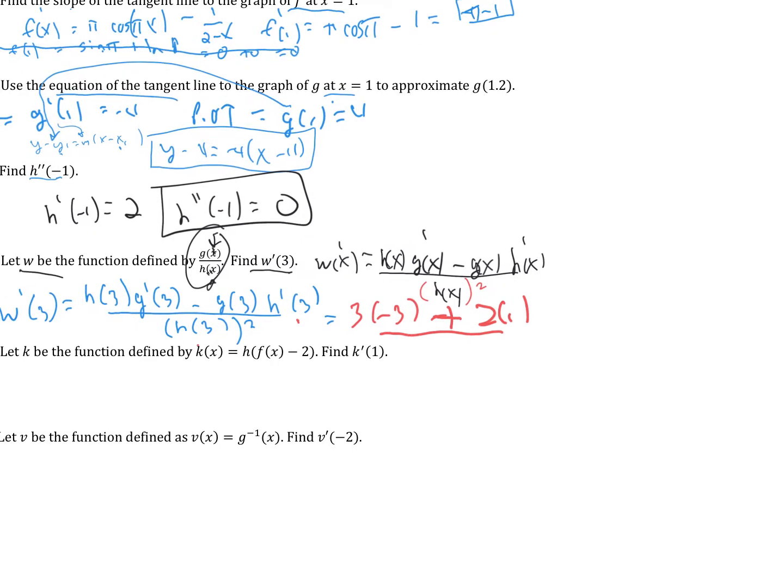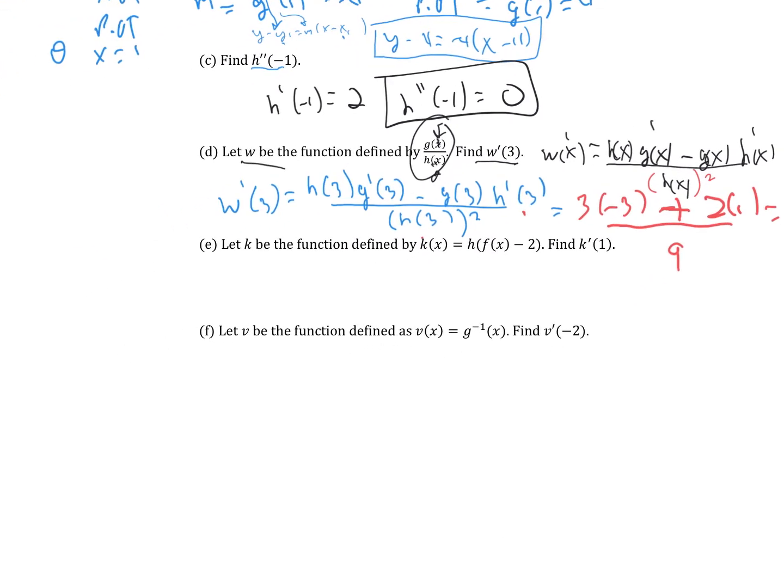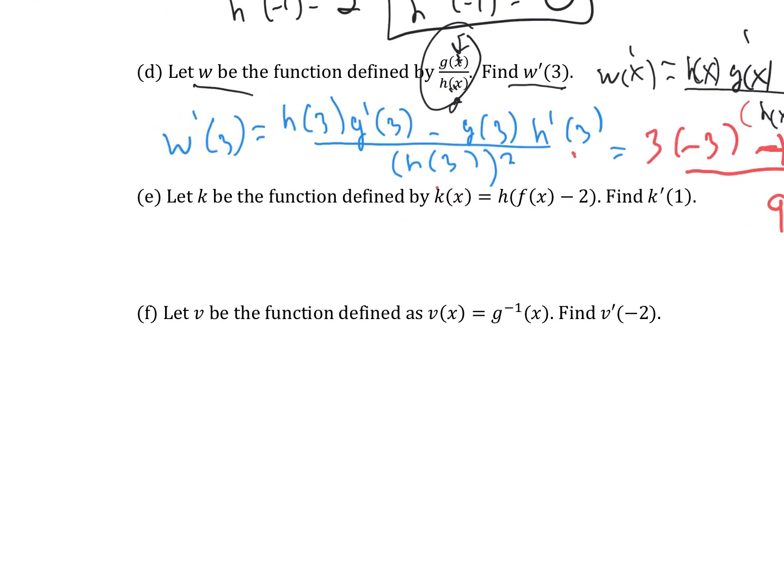Well, h of 3 was the 3, so it's 3 squared, which is 9. Simplify. Negative 6 plus 2 over 9, negative 4 ninths. And I'm doing these on the fly, so if there's a mistake, you get points by being one of the first to let me know.